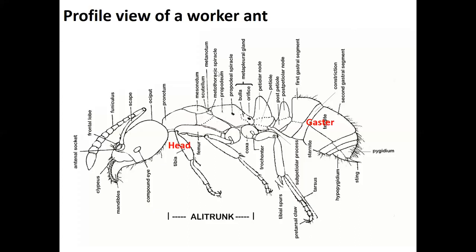So metathorax sometimes may be reduced or present, but usually it's here joined with the first abdominal segment to form the propodeum. So propodeum, you should know where it is, and then in the leg, coxa, trochanter, femur, tibia, tarsus. Those are the segments. Those are really important, for the tibial spur and pretarsal claws present. So there are many other features which are very important in the classification of ants.